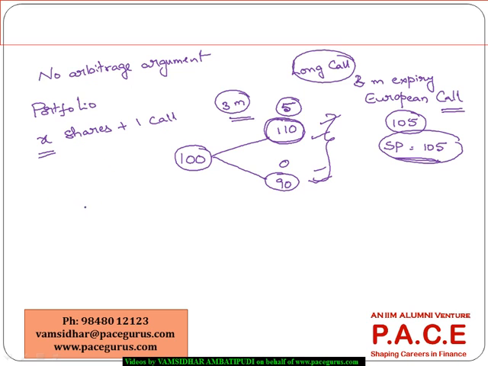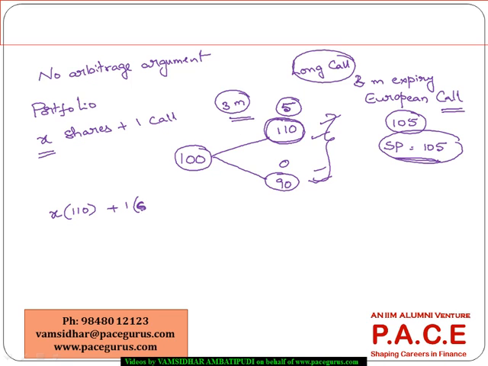So it's as good as saying if the share price goes to 110, I have X shares, so X times 110, and I have one call option, whatever is the worth of the call option. On this day, the worth of the call option is going to be 5.